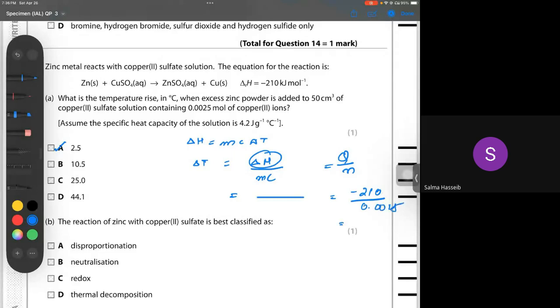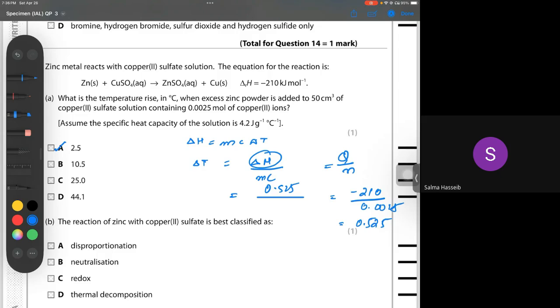Then what's the answer? It's 0.525. I did a different method.